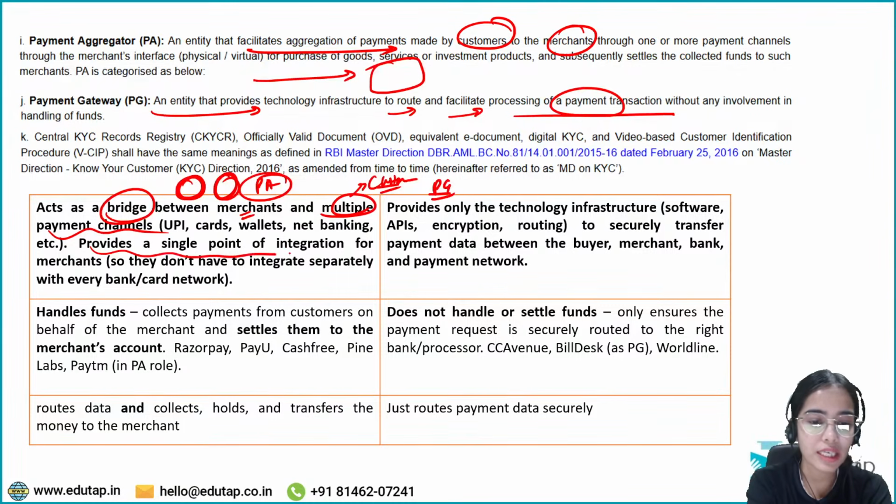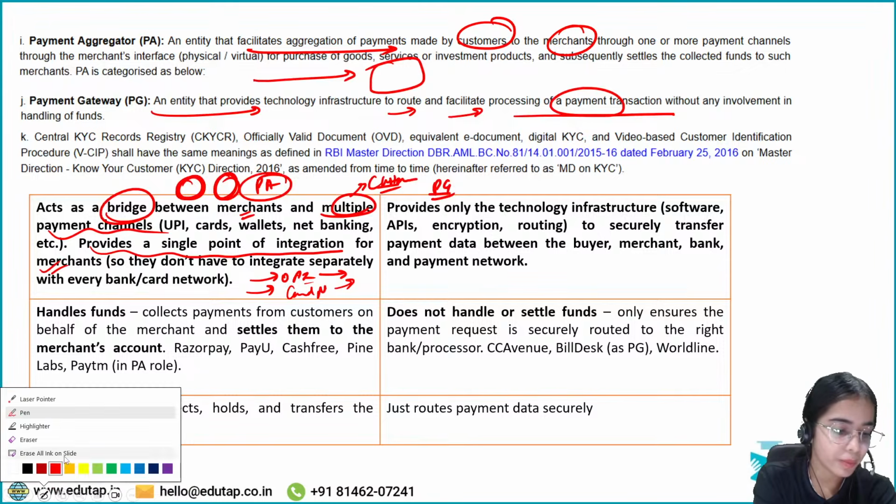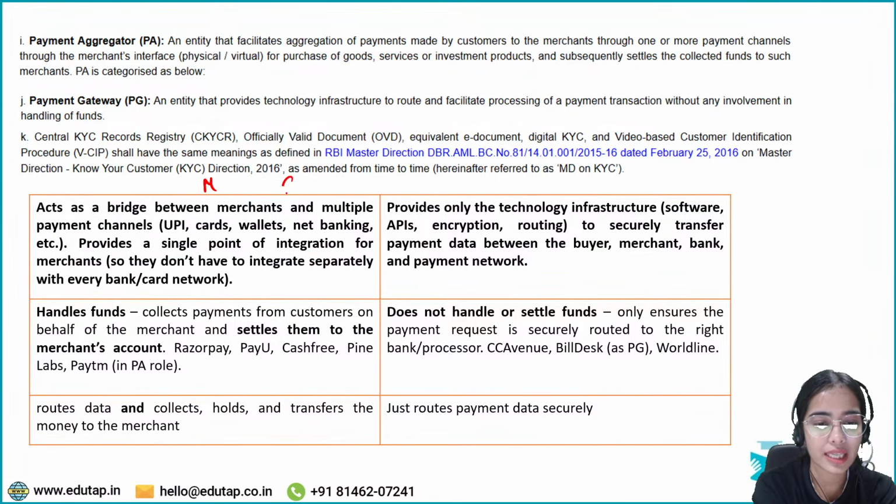They provide a single point of integration for merchants, so merchants do not have to connect with the UPI systems of different banks, or the card networks like Visa and MasterCard, or the wallets of the different wallet providers. So the facilitation of payment between merchants and customers can happen through the payment aggregator.